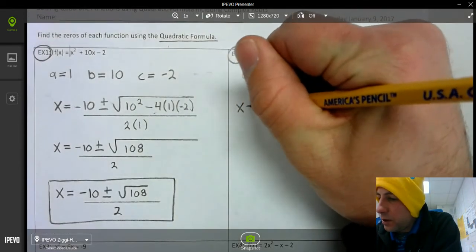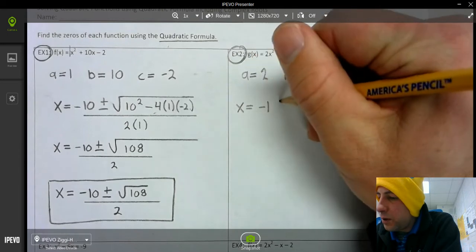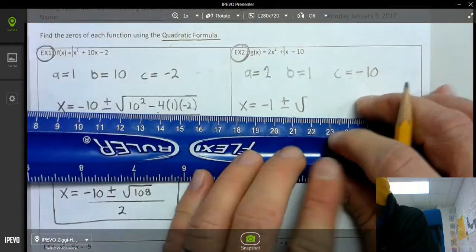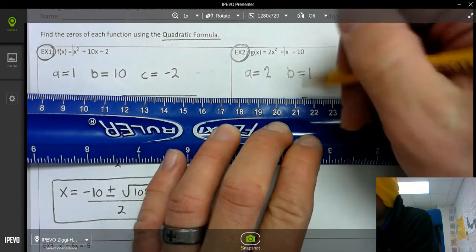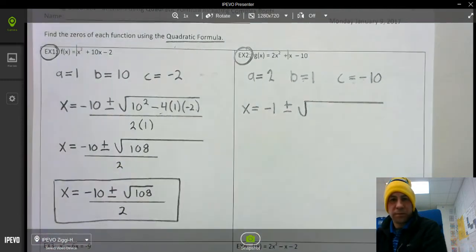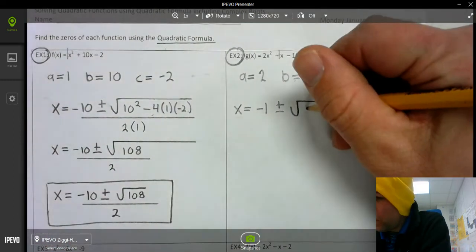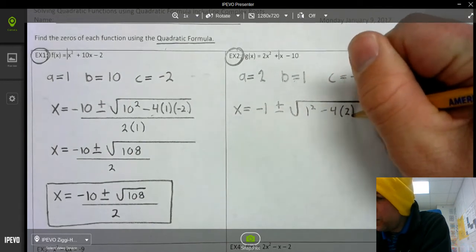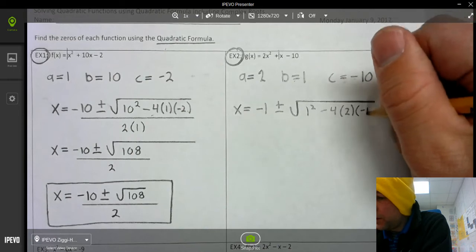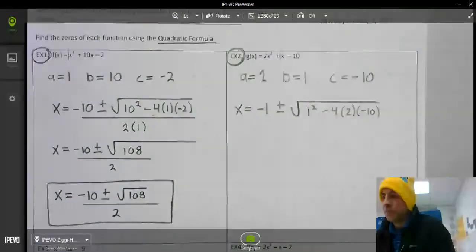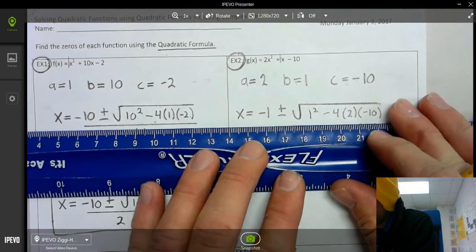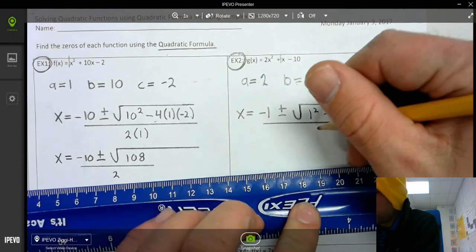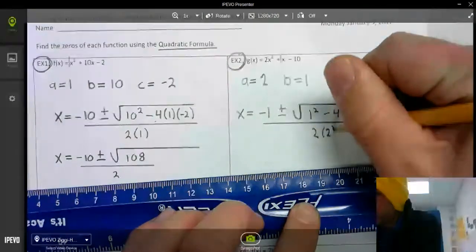So x equals negative b, which is negative 1, plus or minus the square root of 1 squared minus 4 times 2 times negative 10, divided by 2 times 2.